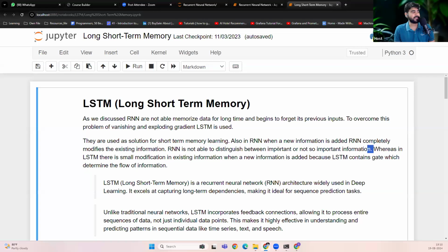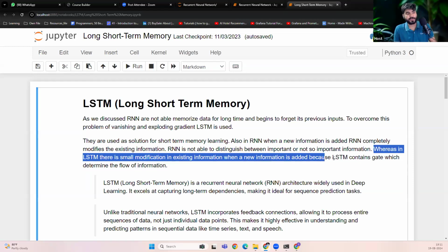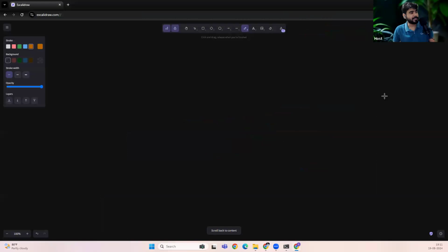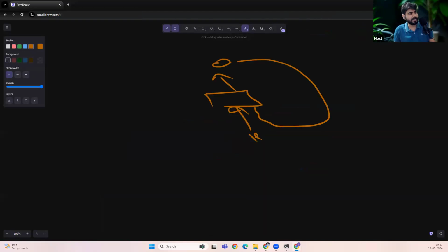Whereas in the LSTM, there is only a small modification to existing information when new information is added, because the LSTM contains gates which determine the flow of the data. Let's say this is the RNN block that we have. We pass H and get some output, and that same output we send as input along with the second input.